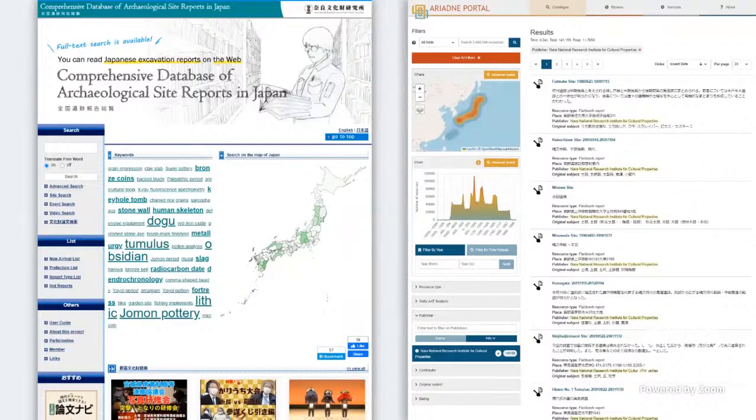We have translated the user interface to English. Many of the keywords contained in the database are translated to English, and you can search in English and get Japanese results. We have also shared our metadata with Ariadne Plus, a European infrastructure that supports many European languages. We are constantly working on improving the support for English and plan to add Chinese and Korean later.